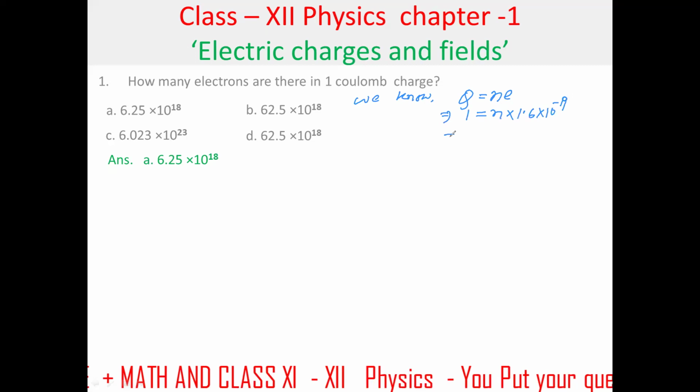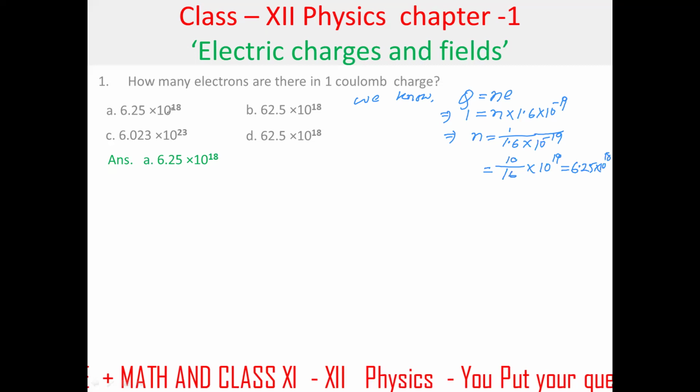So from here we will get N equal to 1 by 1.6 into 10 to the power minus 19. I am showing you here how this answer 6.25 into 10 to the power 18 comes. So here we can write 10 by 16 into 10 to the power 19. So the answer would come 6.25 into 10 to the power 18.